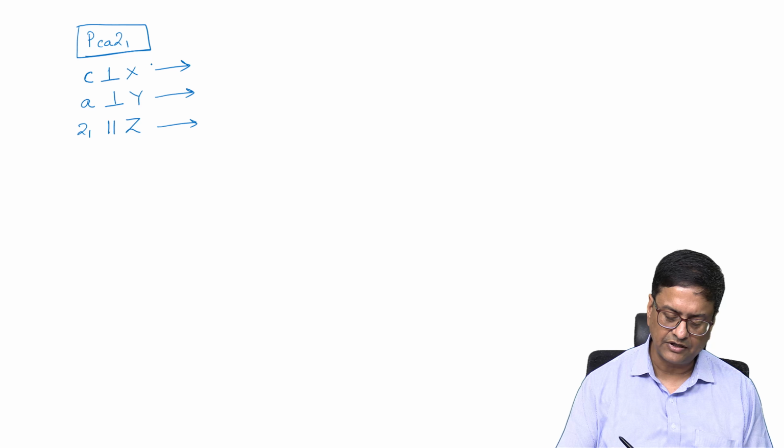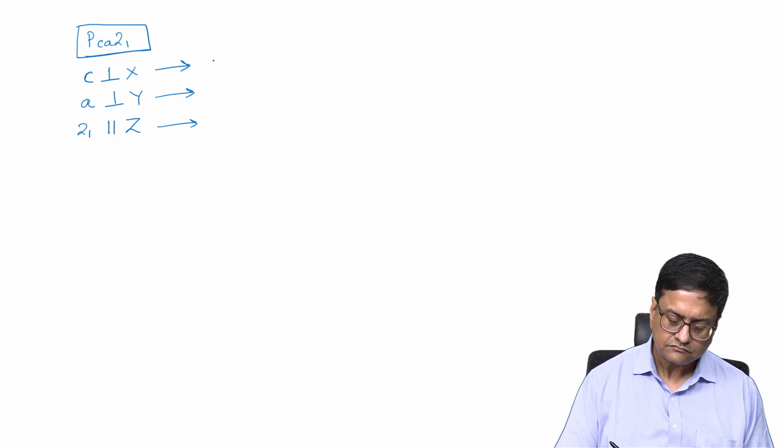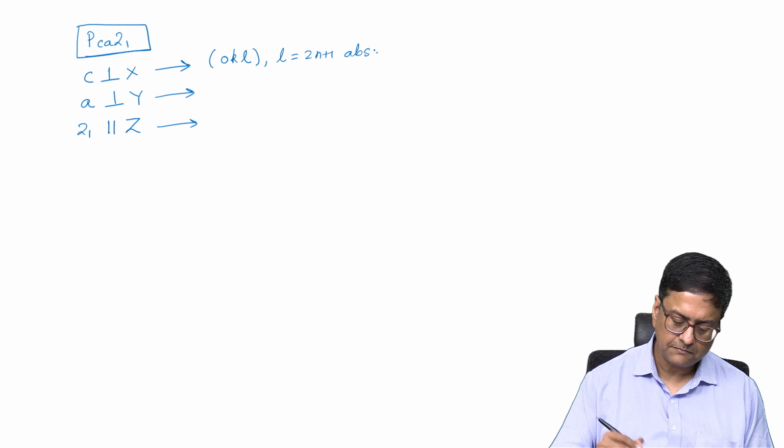When it is the c glide perpendicular to x, the reflections that get affected are the 0kl set of reflections, where l equal to 2n plus 1 will be absent.